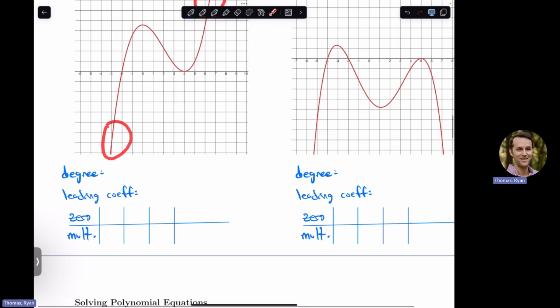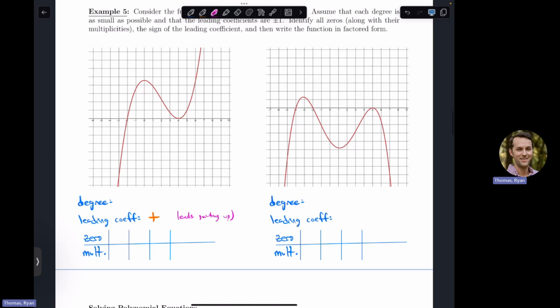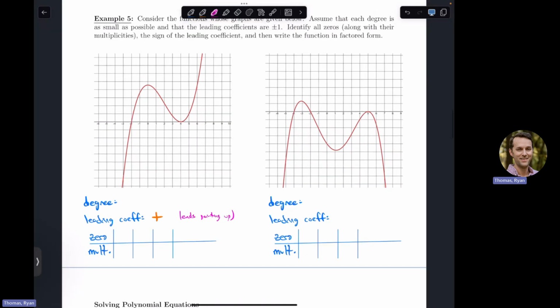So the leading coefficient is positive, and that's because it ends pointing up. And the degree is odd, because the ends go in opposite directions.